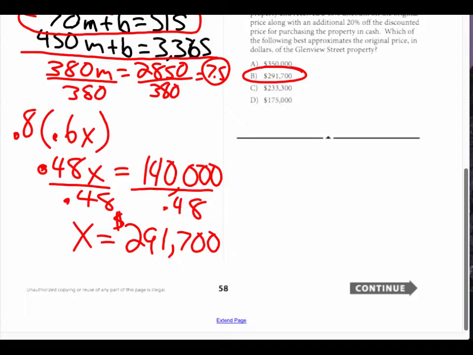Here's where you got the 0.6. Well, they got a 40% discount, which is 0.4, right? So they have the original price, 1x minus 0.4x. Well, that's 0.6x, right? So this is the discount, and this is what they actually paid.